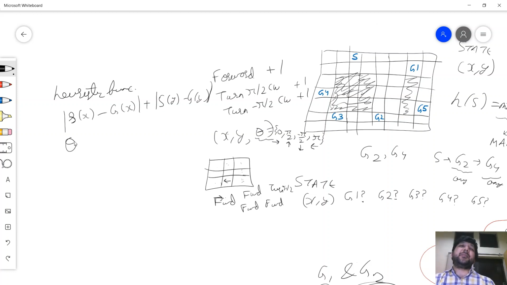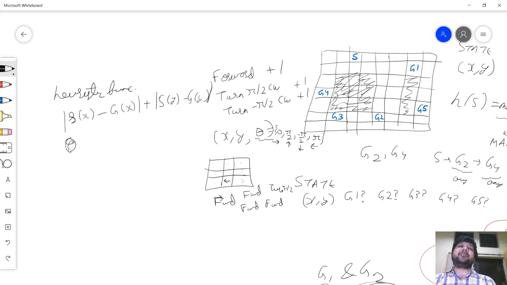And the angle information is if you are facing towards the goal, if the goal is right ahead of you, which means you are facing the x-axis and the goal is right in front of you in the x-axis, then the extra turn becomes 0. If you're facing the y-axis, goal is positive in the y-axis. If you're facing the y-axis, goal from below, goal is negative in the y-axis.